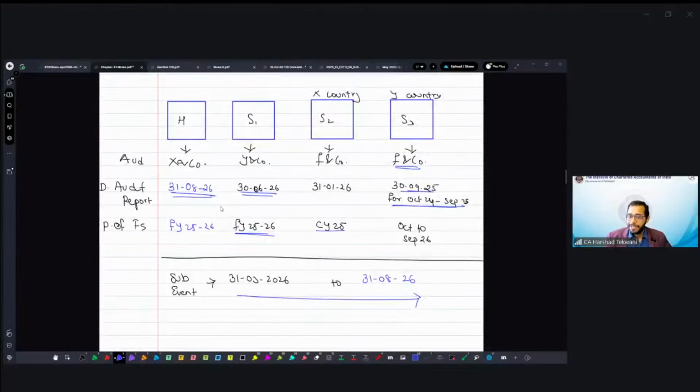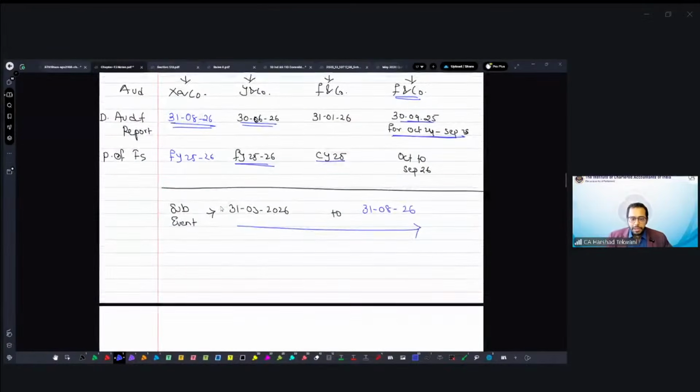Now, in case of subsidiary 3, if you see, this period is after the audit report date of subsidiary 3. Yes or no? Because the subsidiary 3 audit report was 30/9/2025.